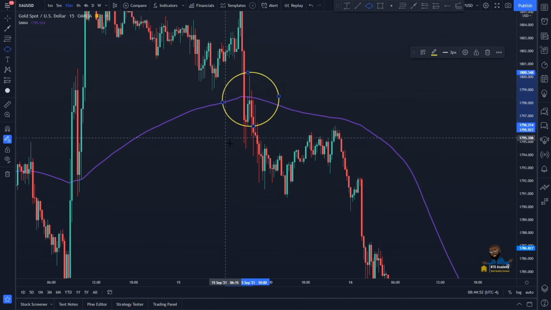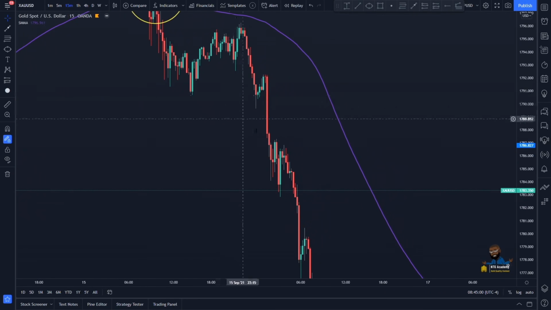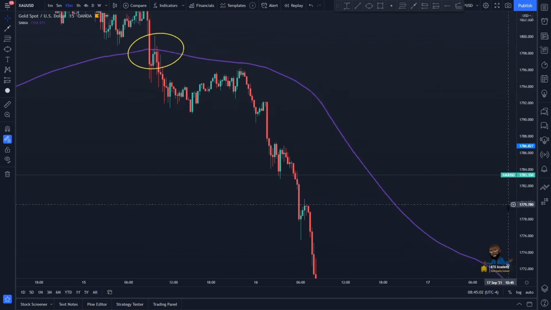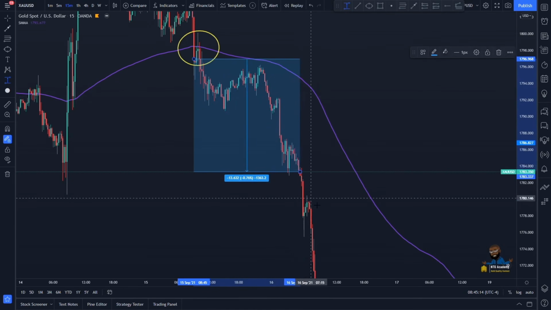So you want to utilize that break and retest for that reversal trading to get into the sell. As you can see, the SMA gives you a great entry, beautiful entry, right? Gives us a beautiful entry to continue to the downside.